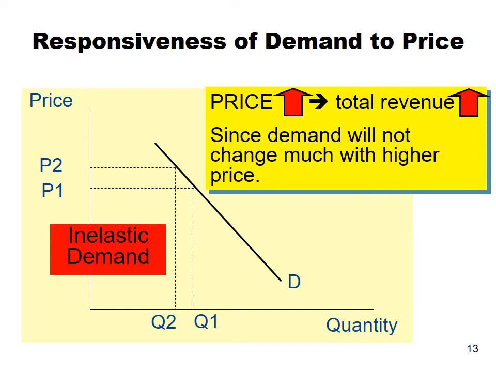An example is Microsoft Windows. There isn't much competition here. So Microsoft can effectively set a higher price, and generally people will still buy Microsoft products, because there's no alternative product. All right, Microsoft Office.